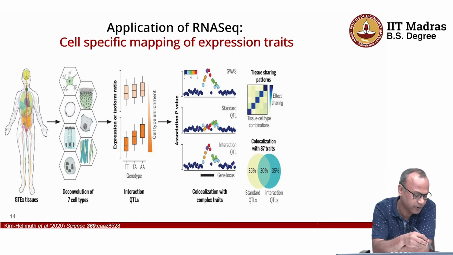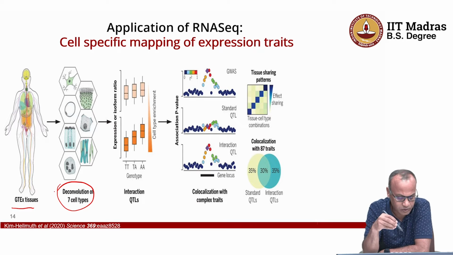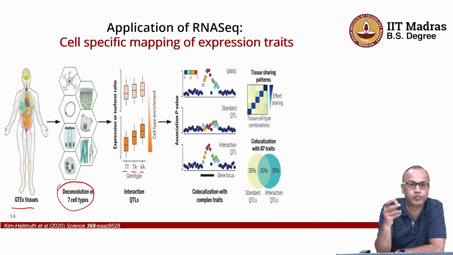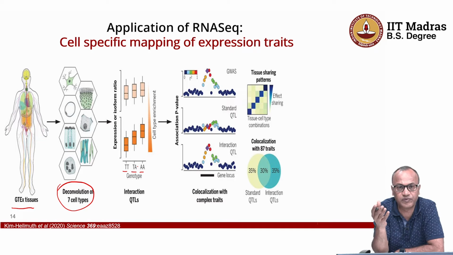So for example, you have the GTEx database, you have different cell types. Because these samples are from different individuals, taken from a large number of individuals, for example lung samples, we can also find out whether each of these patients or cadavers that gave the lung sample had any genetic differences.